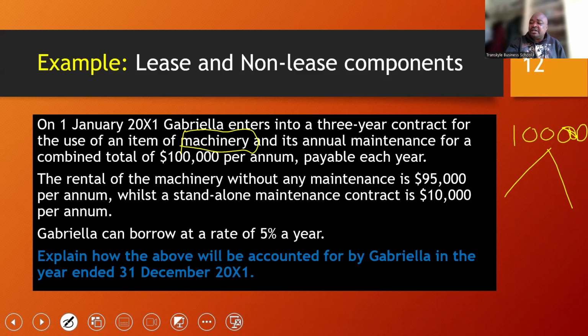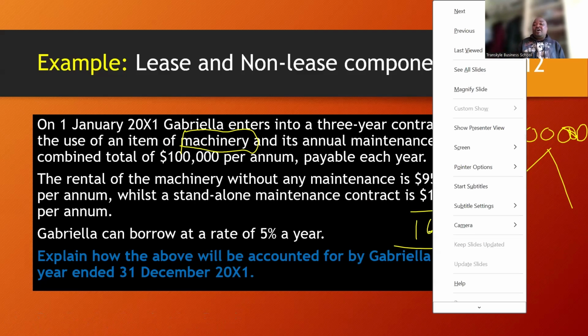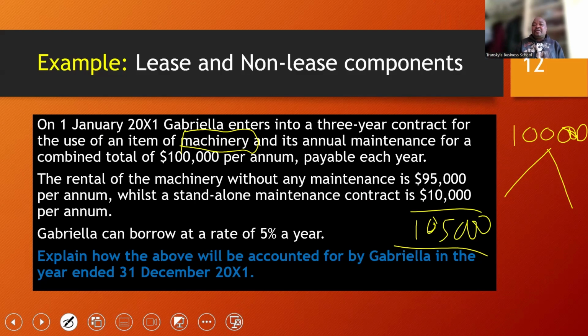So we are going to say 95,000, which is the standalone rental for the machine, and 10,000, which is the standalone price for the maintenance service. So we add them and we come to 105. The 105 is our base, or our denominator for allocation.